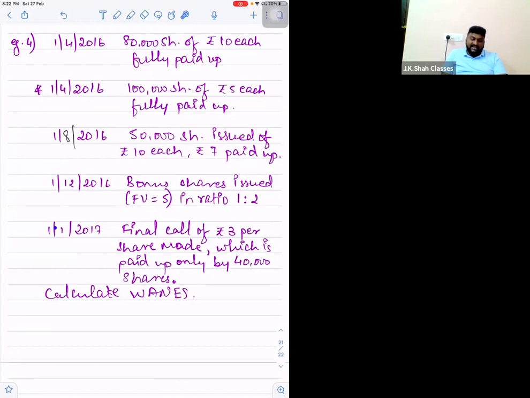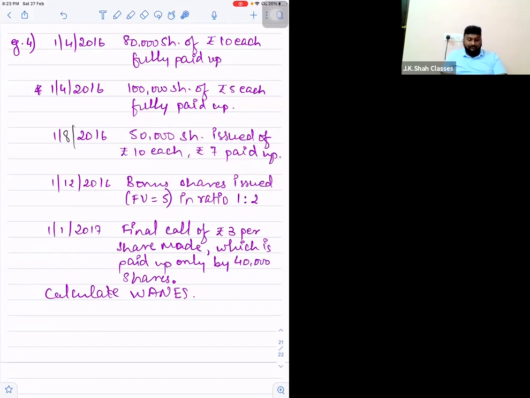Final, on 1st January 2017, a final call of rupees 3 per share was made, of which was paid up only by 40,000 shares. Now, there were total 50,000 shares which were partly paid up. So when you did the final call on 1st January, only 40,000 shareholders paid.